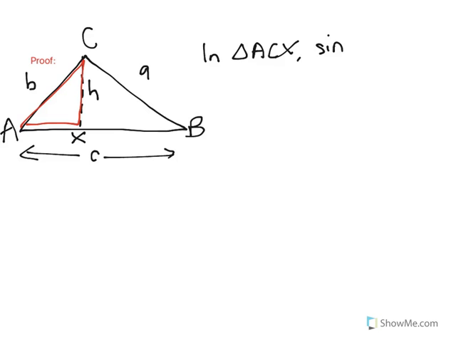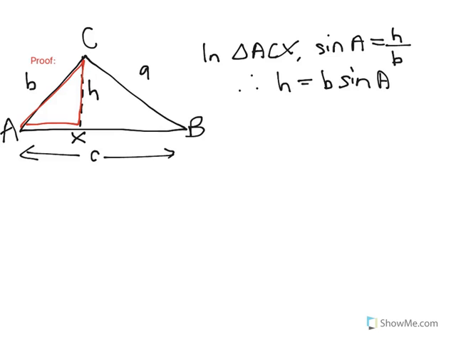So sine of angle A is equal to the opposite, h, over the adjacent, b. Now rearranging that to make h the subject gives us h equals b sine A.